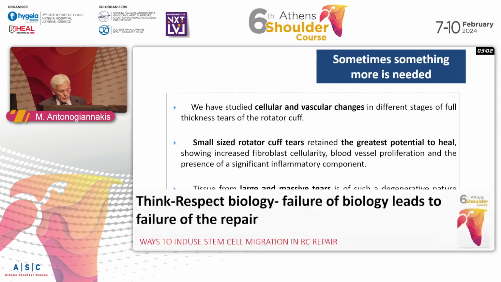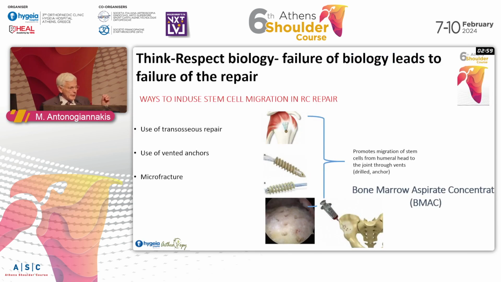And we know now that it's not only a mechanical problem that we have with the repairs of the cuff. We must strive to increase the biological response. And we must do anything we can in order to do that. Because we need two things in order for the repair to heal.